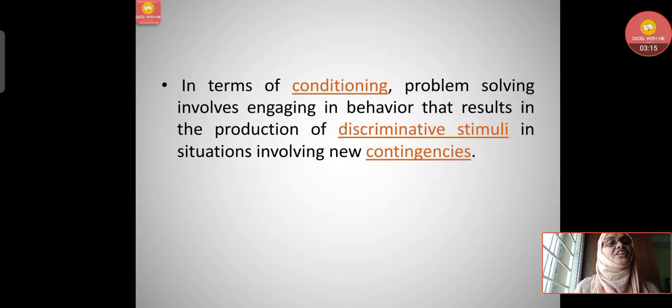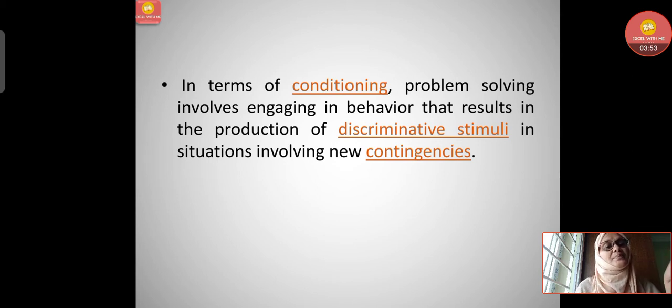In terms of conditioning, problem solving involves engaging in behavior that results in the production of discriminative stimuli in situations involving new contingencies. That means we have learnt in classical conditioning and operant conditioning, the term conditioning is used in problem solving, which engages the behavior. In classical conditioning, when the dog was given a bell to give the food, the saliva comes out of the mouth. That is the conditioning.